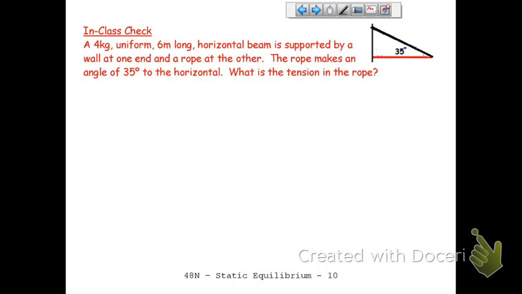I want to ask you a question. I have a meter ruler. The meter ruler has a mass of 6 kilograms.